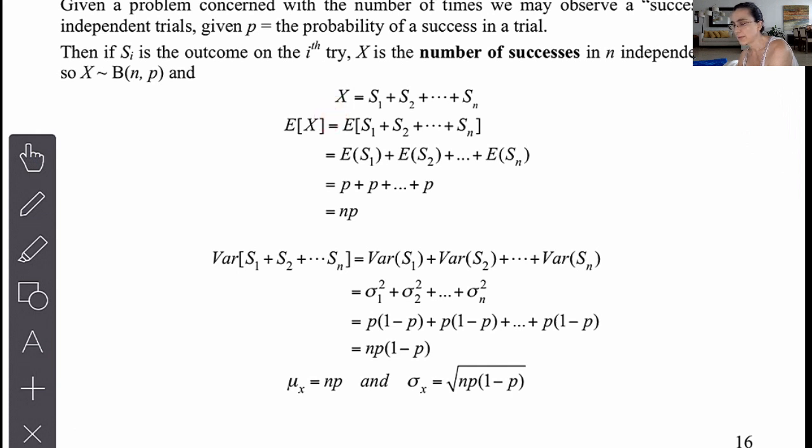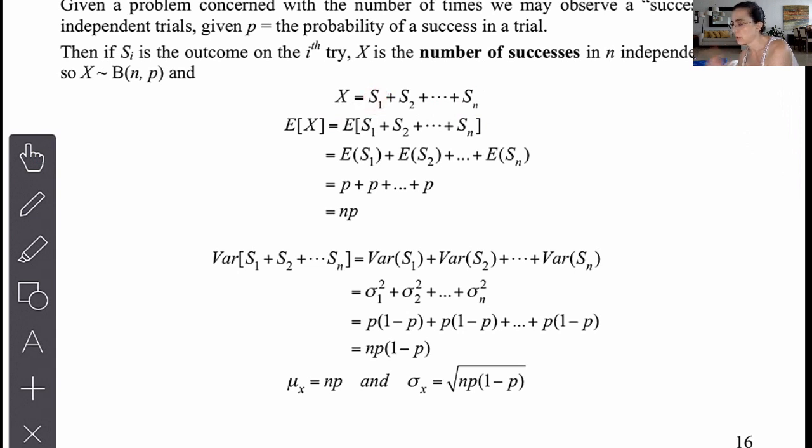x is the result of summing each of these. These are Bernoulli trials. So in other words, remember what a binomial is, I'm going to attempt to look for my success n times. And the outcome of doing that is actually a variable. S1 will denote the outcome on the first try.